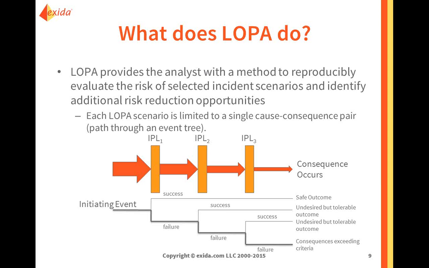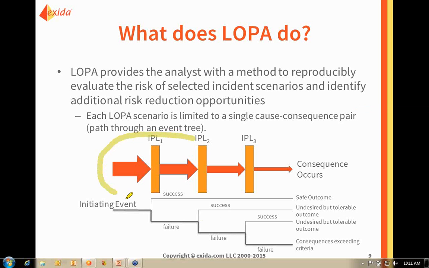So these protection layers end up reducing your accident frequency from that initiating event frequency, and that's what's also illustrated here in the image, where we have that initiating frequency with a certain size and ending up being a much lower frequency at the end.